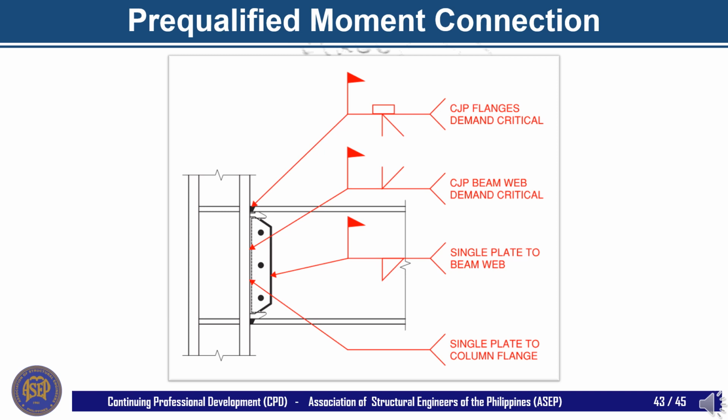The welds on the single plate to beam web and column flange, however, need not be detailed as demand critical. Note that the performance of this connection is highly sensitive to the geometry of the weld access holes. Therefore, specific access hole geometry, as discussed earlier, is required.